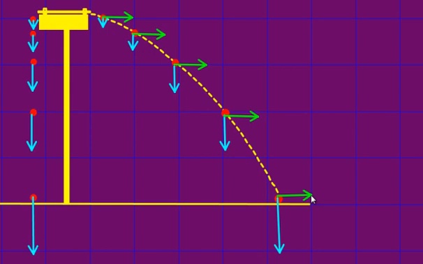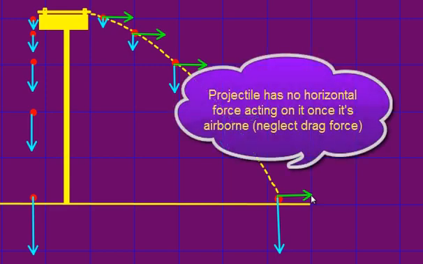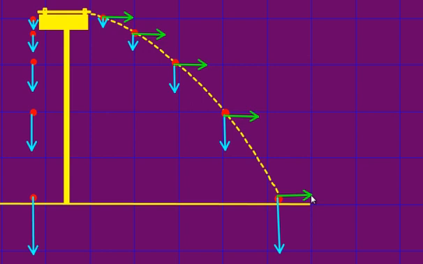Remember, for something to get faster and faster in a particular direction or slower and slower, it has to have an unbalanced force on it. And I would ask you, what is the unbalanced force in the horizontal direction? Nothing. There's no push or pull in the horizontal direction after the launcher pushes the ball out. Notice that we're talking about the ball once it's in the air. So in the x direction, the horizontal direction, there is no acceleration, whereas in the vertical direction, there is the same acceleration as all free fall projectiles, and that is negative 9.8.